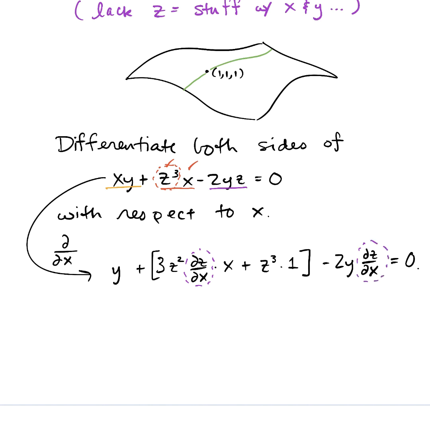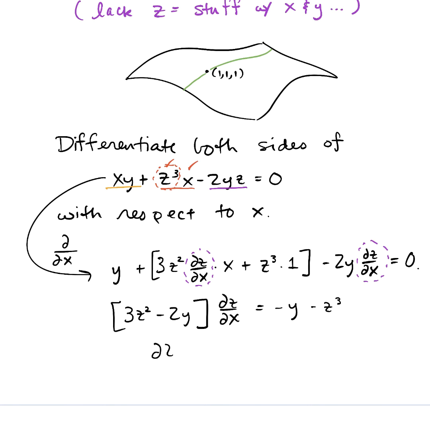Let's group those two terms together, factor out dz dx, and then put everything else on the right-hand side of the equal sign, leaving us with 3z squared take away 2y all times dz dx equals, and then move everything else to the other side. So what is that? Negative y take away z cubed, and that's it.